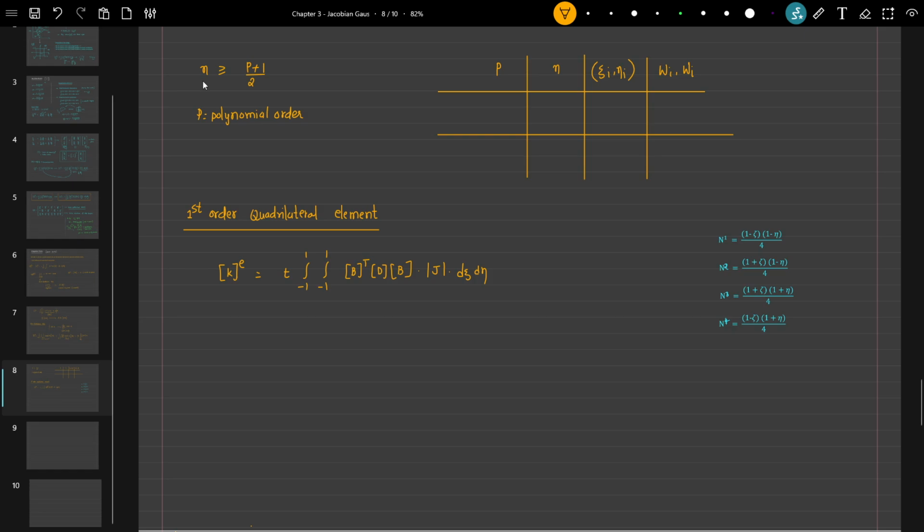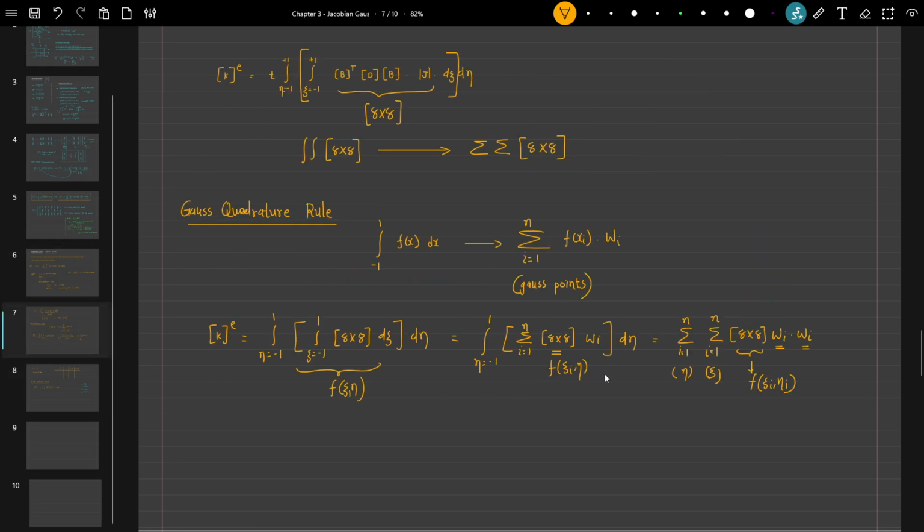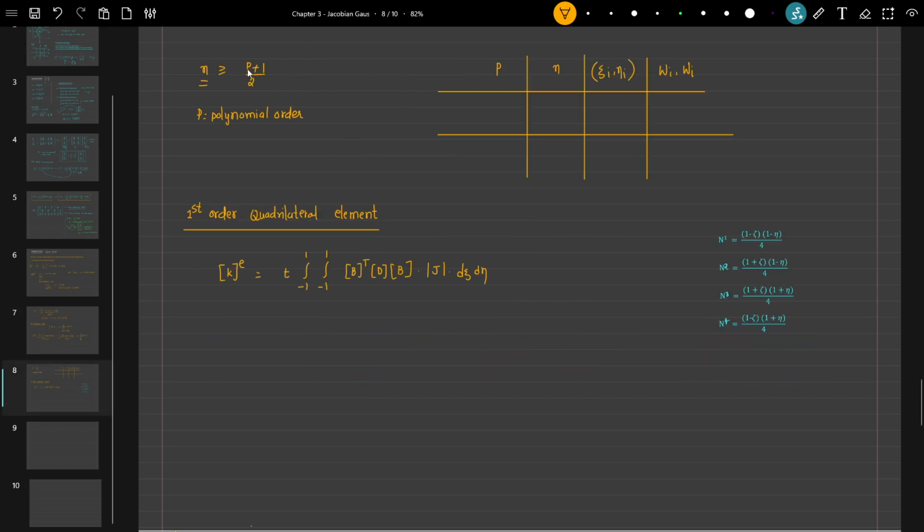So the number of integration points n should be greater than or equal to (p plus 1) by 2, where p is the polynomial order of the function. So for this function, what is the order of polynomial, whether zeta, or zeta square, or zeta eta, eta square, what is that? So that is the polynomial order p.